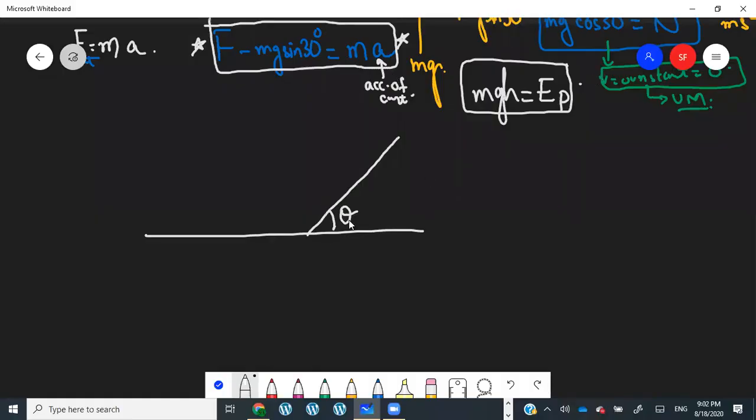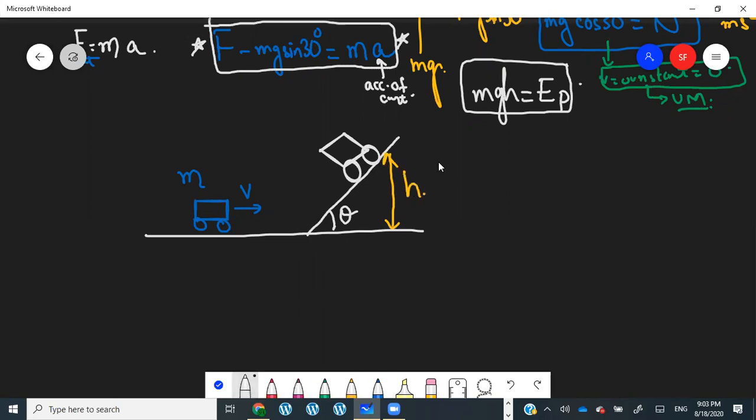So this is your angle theta. There is a cart moving with a constant velocity forward, with mass m. It moves up this plane, and after reaching a certain point, it stops after gaining a certain height. Let's assume the height is h.